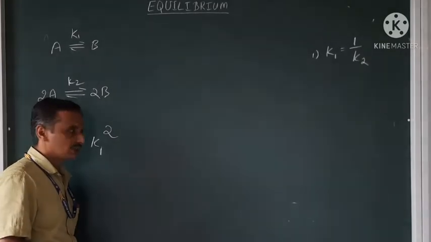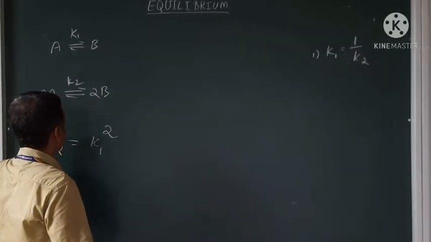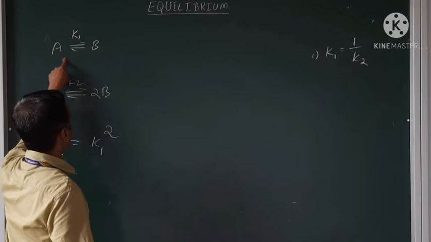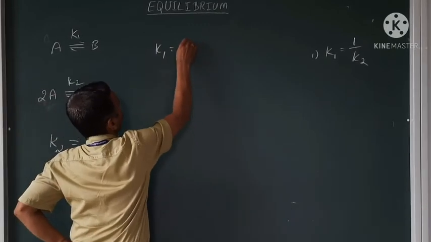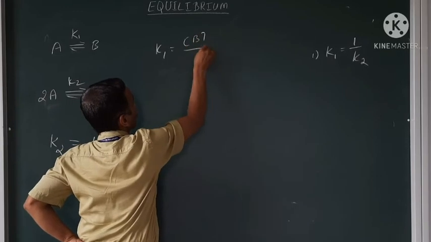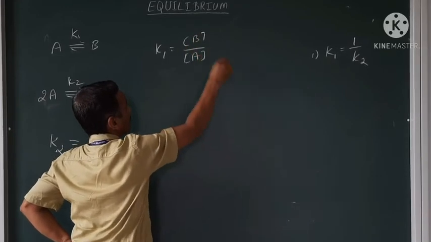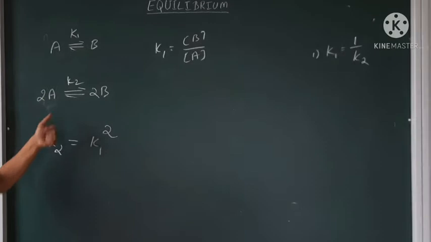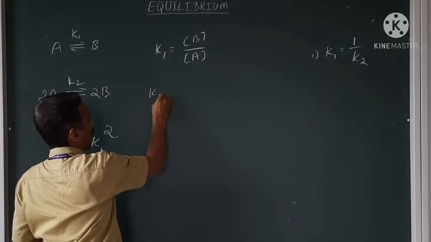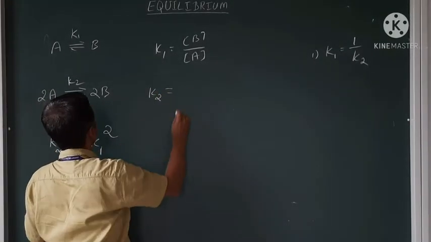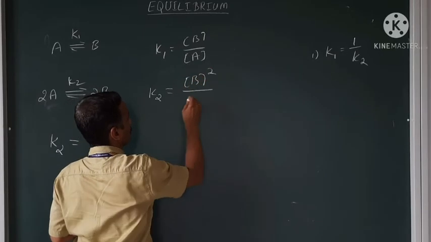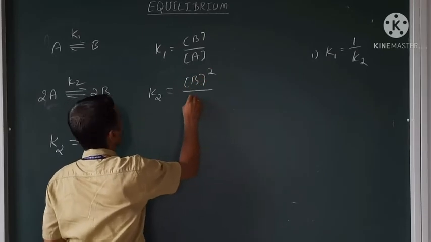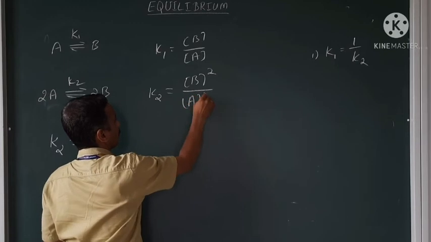How to get this one? Just see this. For this, if you write the equilibrium constant, K1 is equal to B concentration divided by A concentration. For this, K2 is equal to B concentration squared divided by A concentration squared.